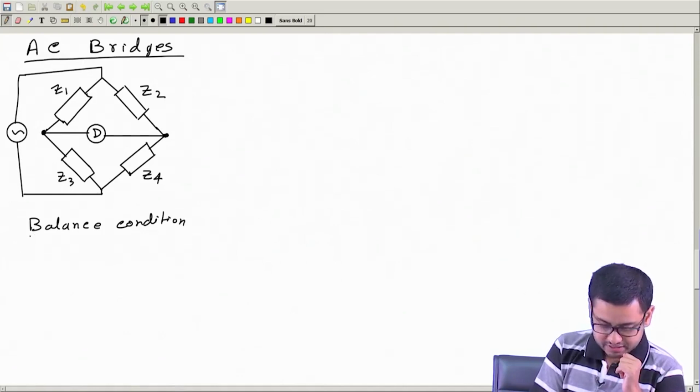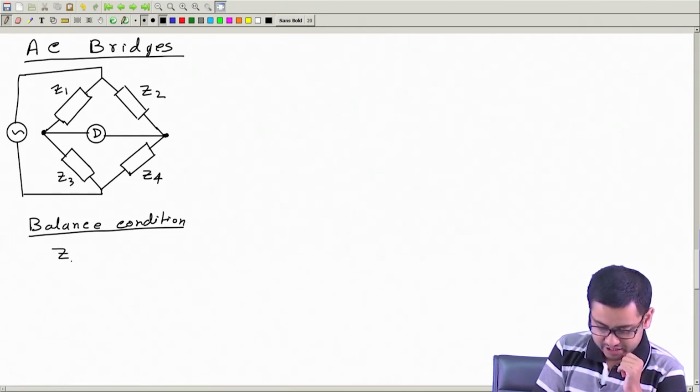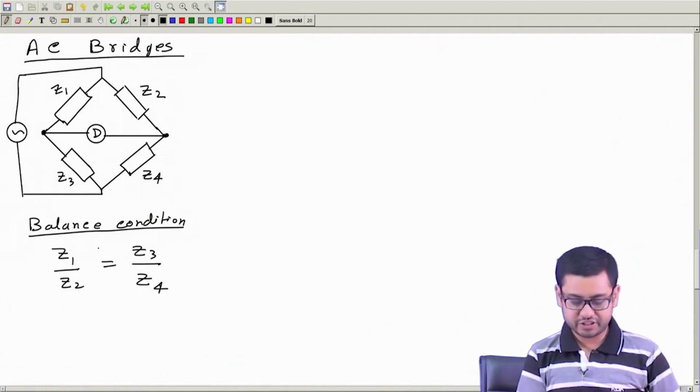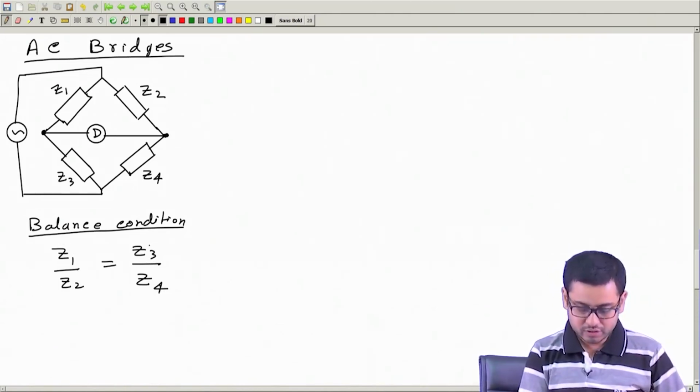Then the balance condition, like the Wheatstone bridge, means that Z1 by Z2 is equal to Z3 by Z4. There we write R1 by R2 equal to R3 by R4.